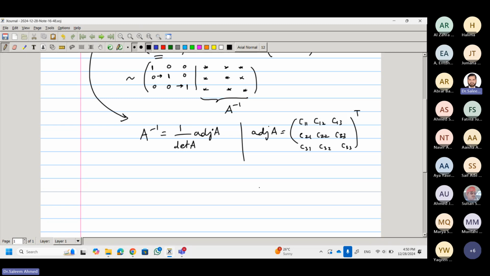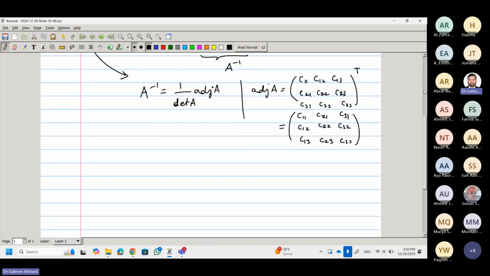And the transpose of that. When you take the transpose, the first row becomes the first column. The second row becomes the second column. The third row becomes the third column. So this is your adjoint. If you divide this adjoint matrix by the determinant of A, that gives you the inverse. And of course, you get the same inverse. There will be no difference.